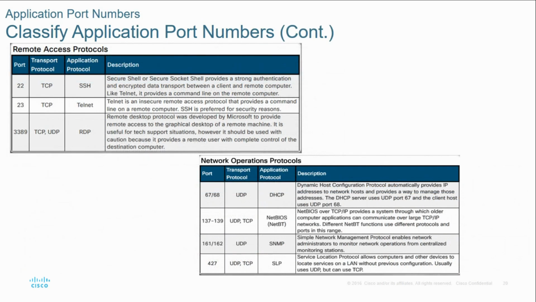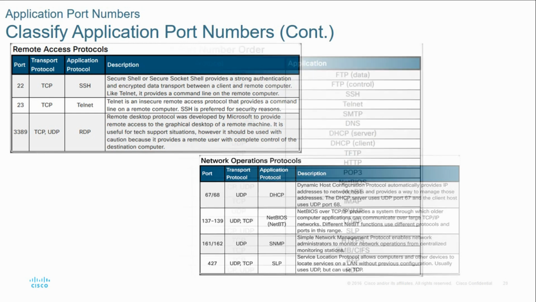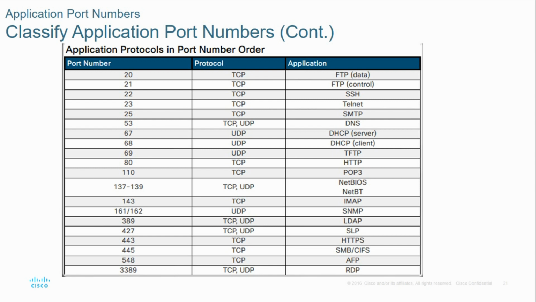We also have the remote access protocols and the network operations protocols. The next slide shows a summary table of all of these application protocols listed in port number order.